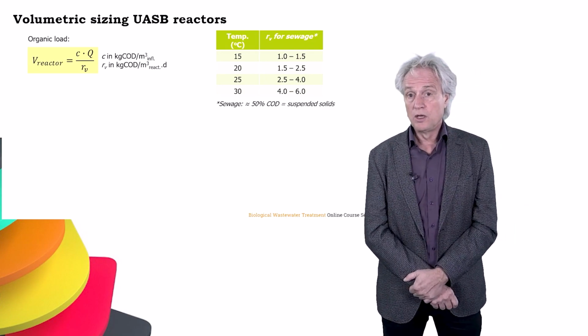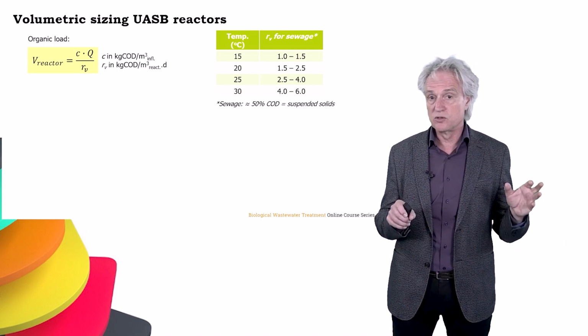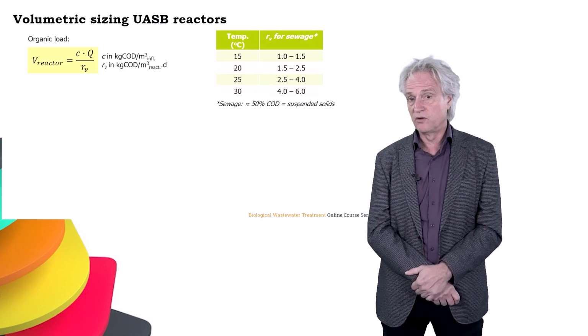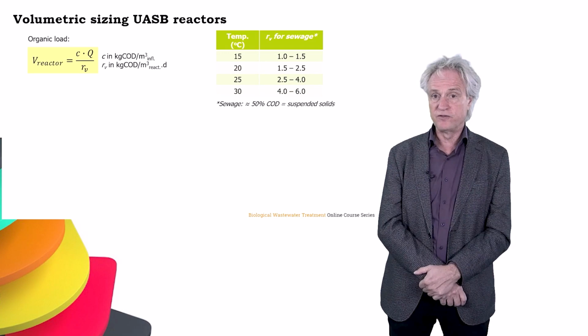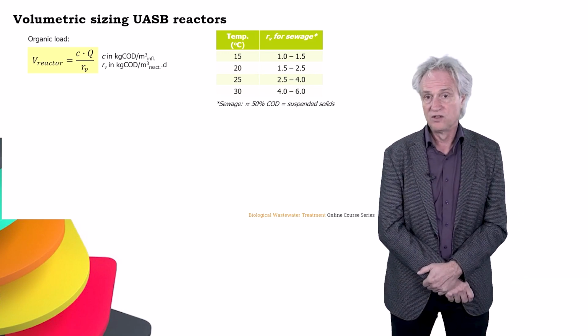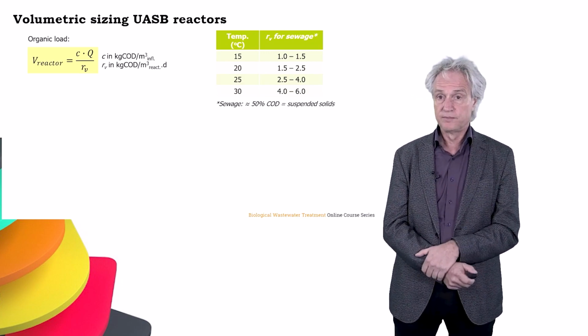Well, in Brazil, most of the anaerobic sewage treatment reactors have a temperature of 20, maybe up to 25 degrees, so the Rvs are in the range of 1.5 to 4. If you extend that range from 15 to 30, then the Rv is something between 1 and 6 kilograms of COD per cubic meter reactor volume per day.